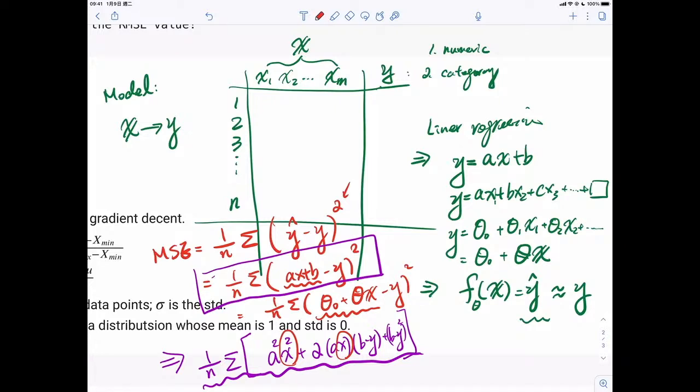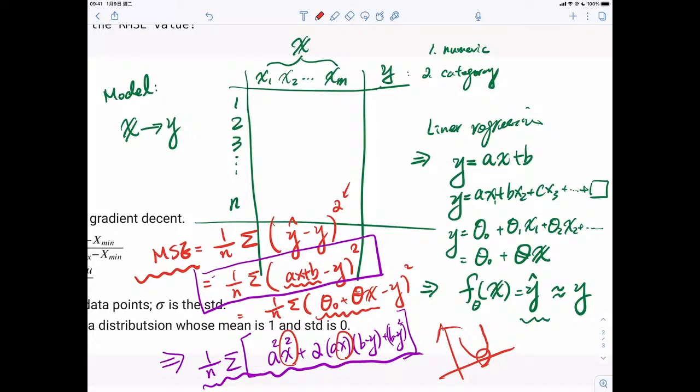So basically it is a shape like this, a concave curve, 就是凸的哈，凸的. It's a curve, and it has a minimum value. So that means there should be a minimum value of the MSE, 最小值.